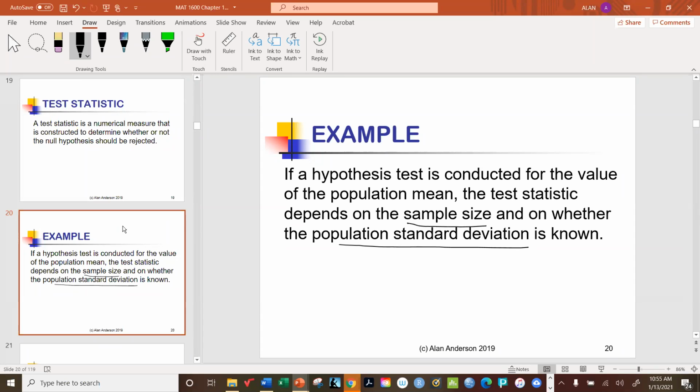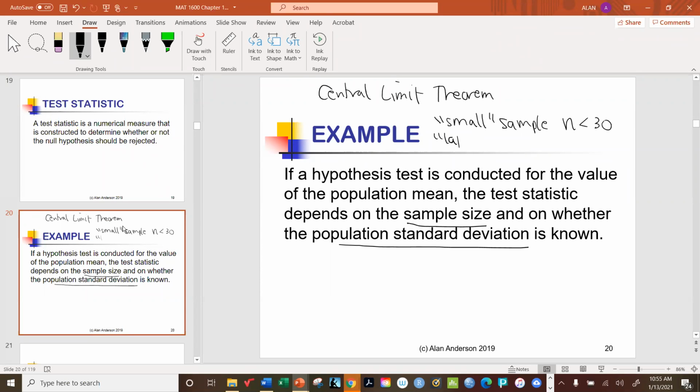Okay, now, as far as the sample size is concerned, you might remember that when we looked at the central limit theorem, way back, whatever, chapter 8 that was, a small sample is defined as n less than 30.